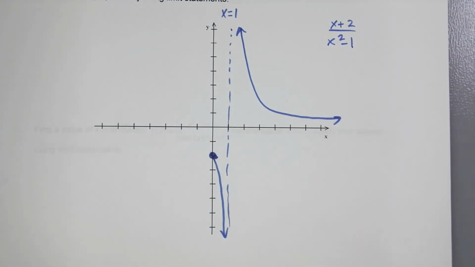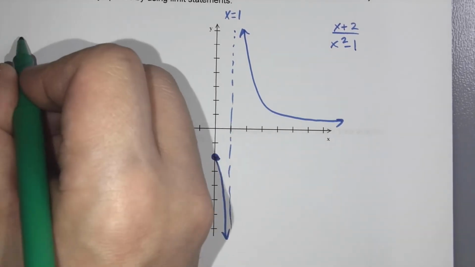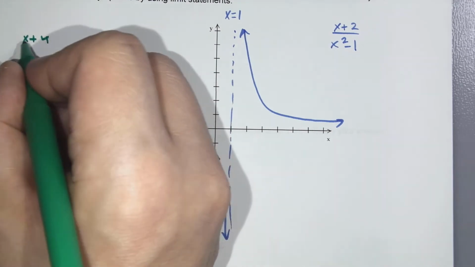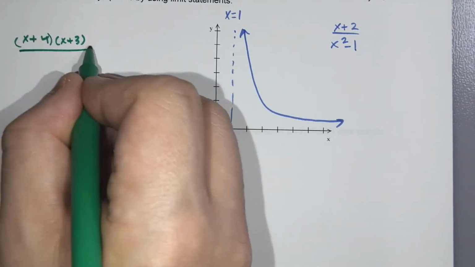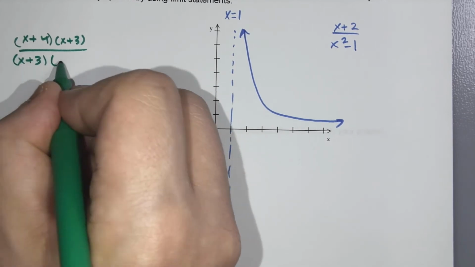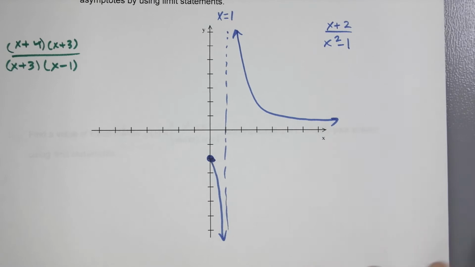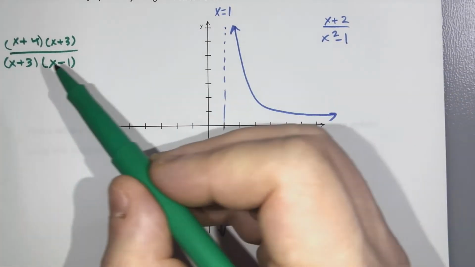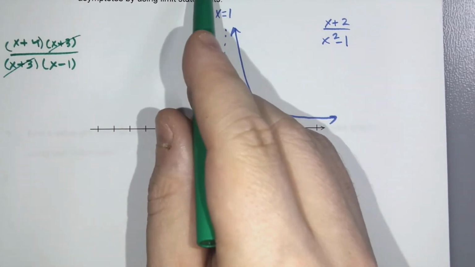On the other side, I will graph x plus 4 times x plus 3 over x plus 3 times x minus 1. I should have rewritten this down here when I was doing everything else, I think. But at any rate, we're going to have a hole at negative 3, and negative 3 is less than 0.